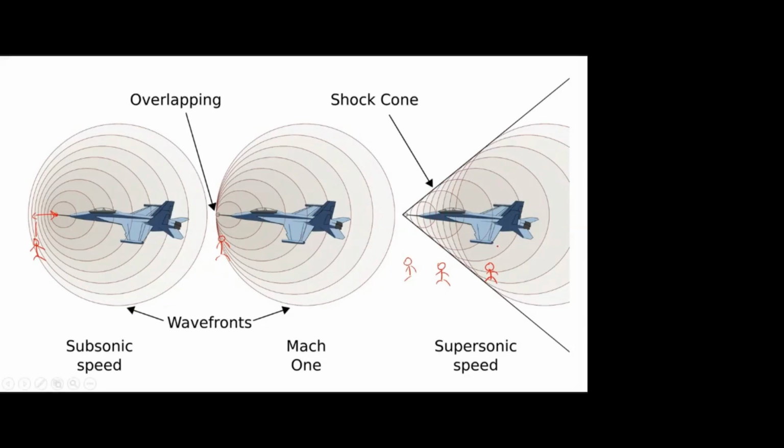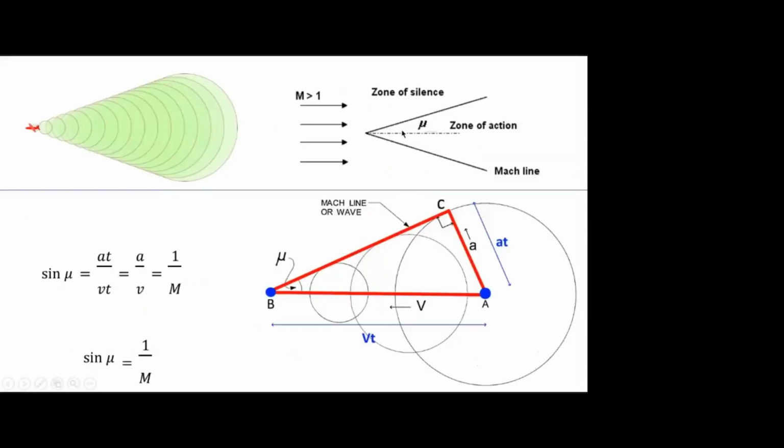So in the subsonic case, we can identify it before it comes. In the sonic case, only when it is about to reach me can I recognize it. But in the supersonic case, I can identify it only after it crosses, because the pressure waves, the sound waves, are coming behind. So this is the idea.